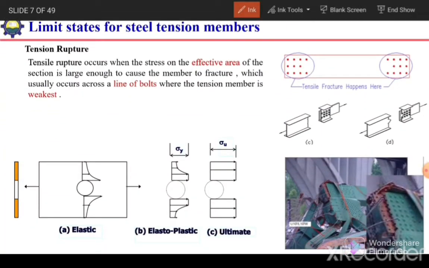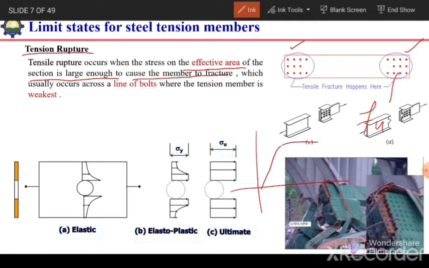Next is tension rupture. The tension rupture is critical in case of connections at the net area. Tension rupture occurs when the stress on the effective net area of the section is large enough to cause the member to fracture. When the stress in this section reaches Fu, if we see the stress-strain curve, we have a curve like this.